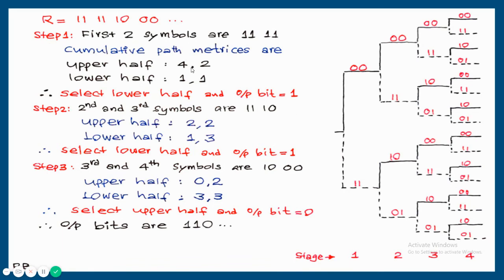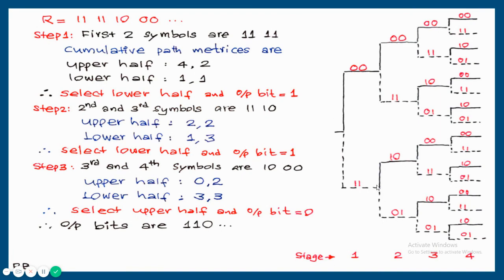Then, out of the upper half and lower half, the half that contains the lowest number should be selected. Here the lower half contains the lowest number. So that is why we select the lower half and the output bit will be 1. This branch is selected, and once I select this branch, the decoded bit will be 1.